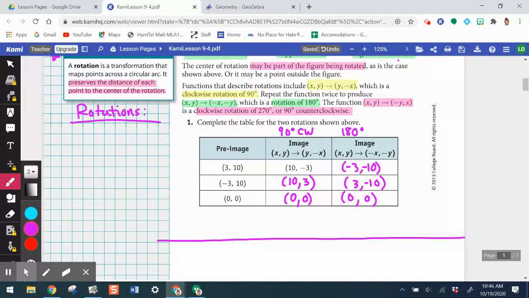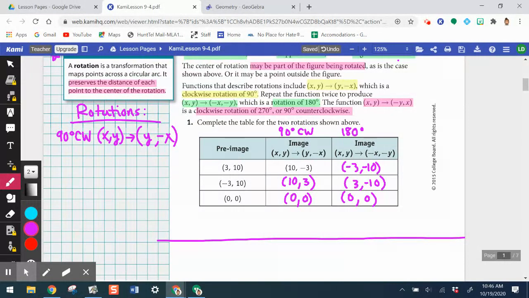The first function we need to learn is the 90 degrees clockwise function. We kind of looked at what that looks like on a physical clock and where the image will end up. So the function tells us to do two things. Every point will go to, the y and x will swap, and then we'll change the sign of the x.